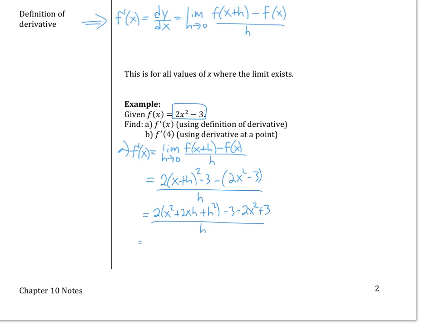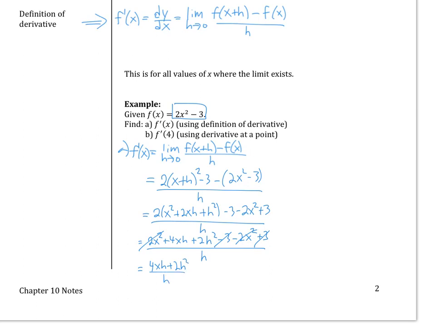Distributing everything, we get 2x squared plus 4xh plus 2h squared minus 3 minus 2x squared plus 3, all over h. Then we combine like terms. Hopefully things cancel: 2x squared and 2x squared cancel, 3 and 3 cancel. We end up with 4xh plus 2h squared over h.